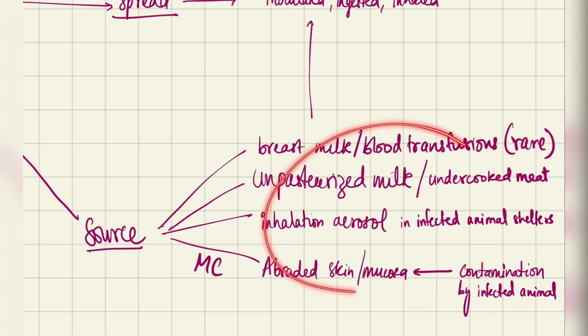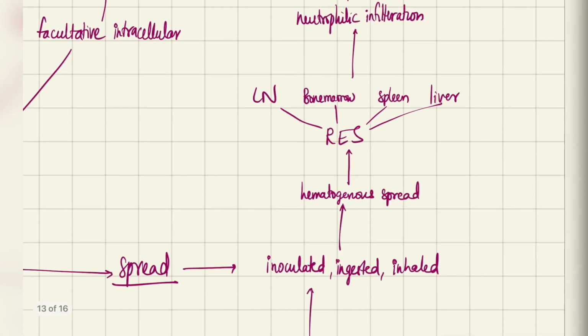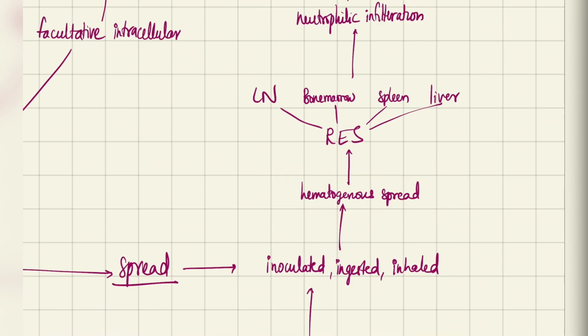So after all these things, there is either inoculation, ingestion or inhalation of the Brucella organism into the body of the human, where the organism then enters the blood via hematogenous spread. Where do they spread? The reticuloendothelial system, which is the lymph nodes, bone marrow, spleen or liver, any of these places.